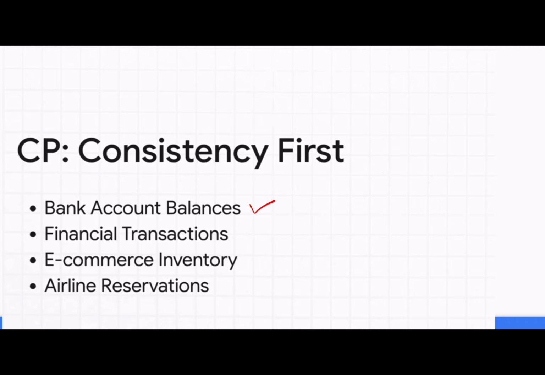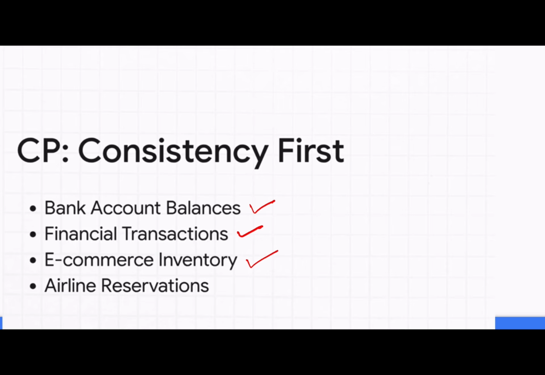It is okay that the bank server goes down and does not show any transaction, but when it comes up, it should show the latest transaction that you have made. E-commerce inventory. There is a problem if a user places an order for an item that is not available. So inventory should always be correct. Even if it is not available for some time, that is fine, but it should not have incorrect data.